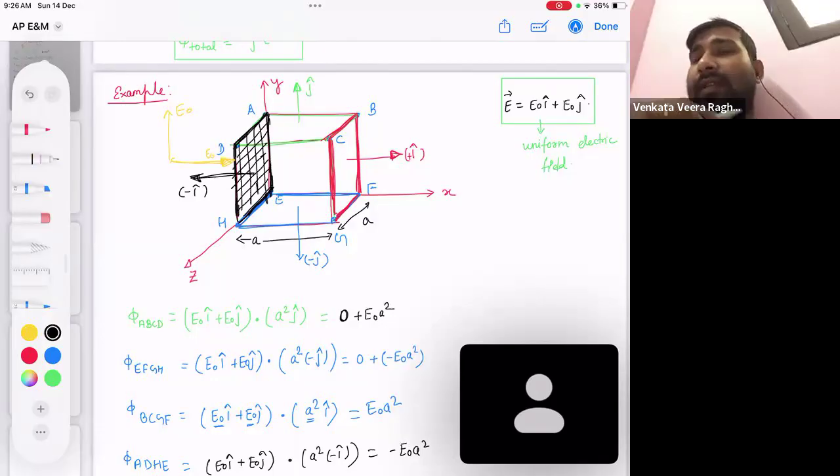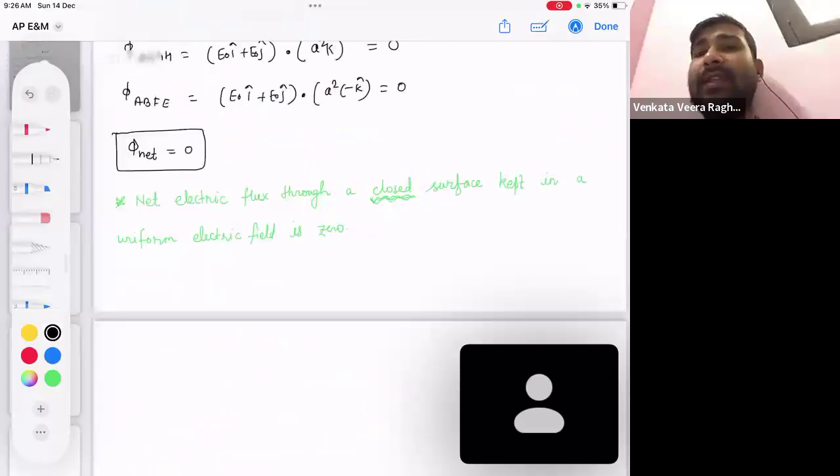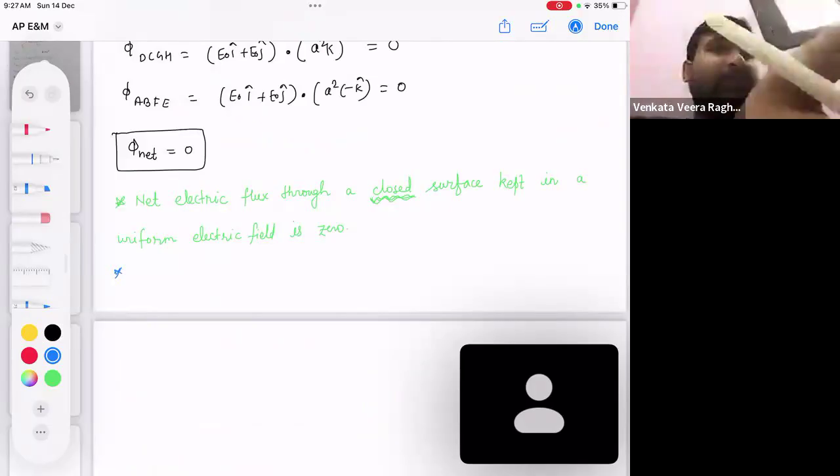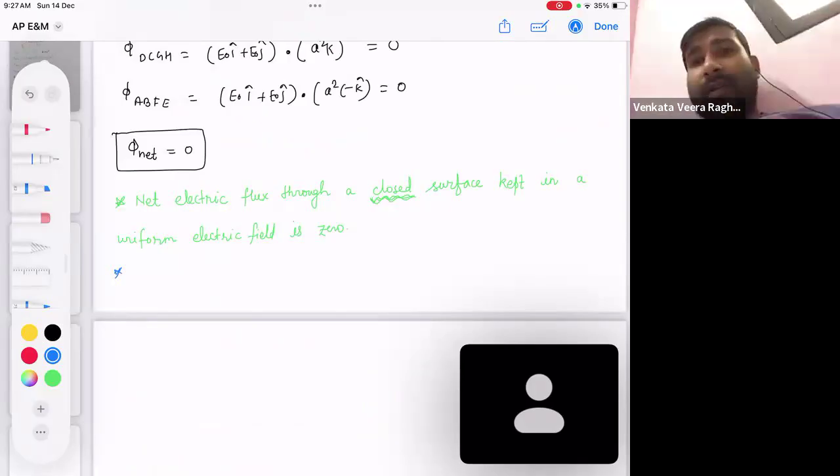So that means whenever we have a closed surface given to us, the field lines entering the closed surface give us what? Negative flux, and the field lines exiting the closed surface give us what? The positive flux. Is that clear? Please tell me. So can we write it here?